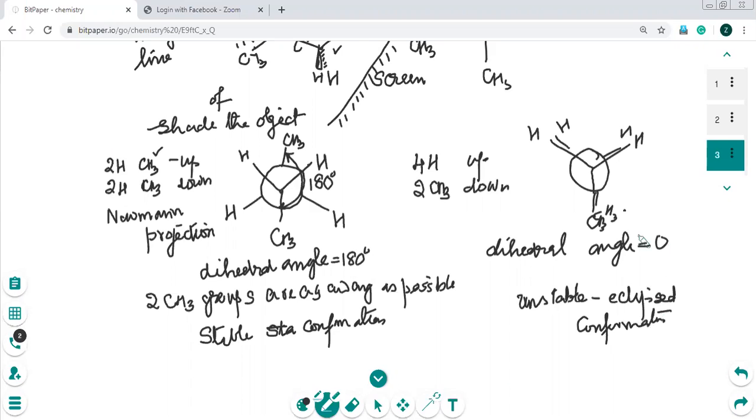The molecule will not prefer to exist in this form. It will always prefer to be away from each other. So this is stabler than this form. Stable, unstable.